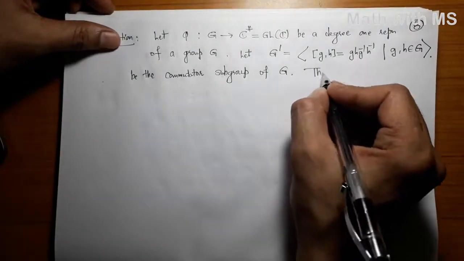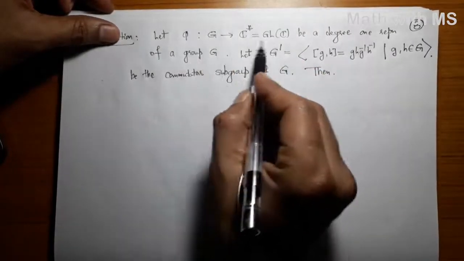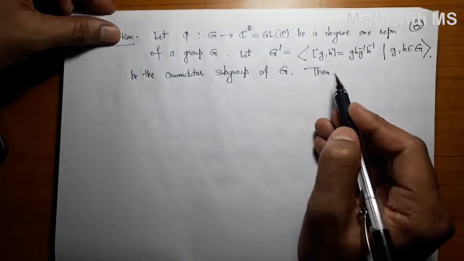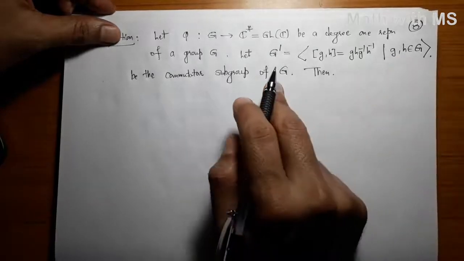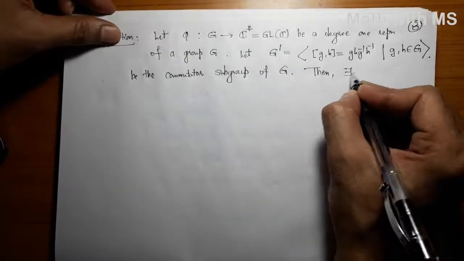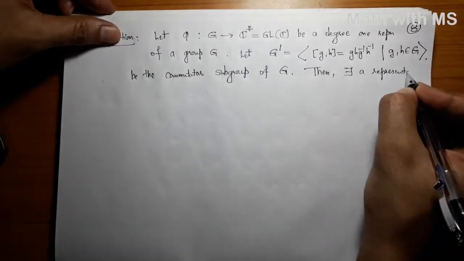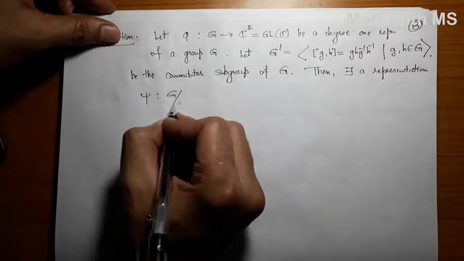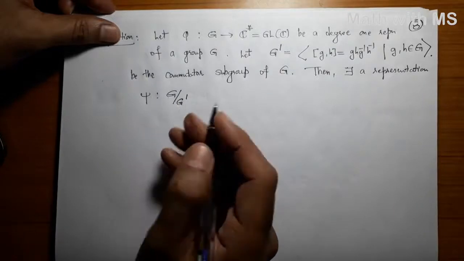Then my claim is that this degree 1 representation actually comes from a degree 1 representation of the abelianization of G, that is G mod G prime. There exists a representation, let us say psi, from G mod G prime, because G prime is a normal subgroup of G, so G mod G prime is again a group.